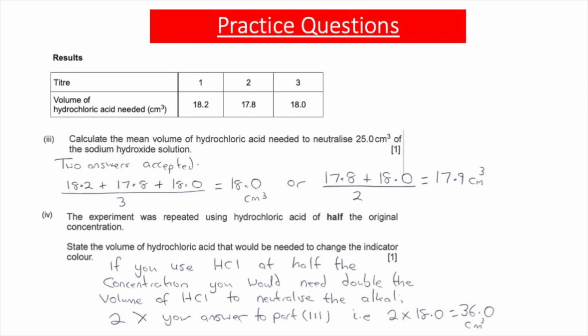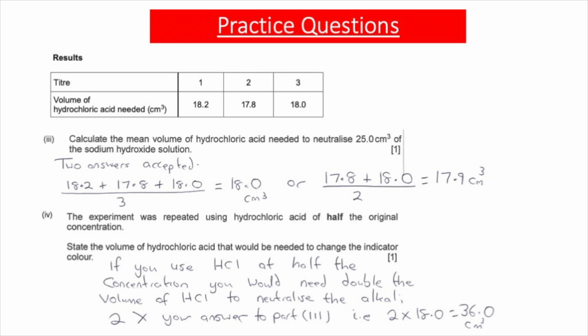Now in part 4, you're being asked the following. The experiment was repeated using hydrochloric acid of half the original concentration. And the question is asking you to state the volume of hydrochloric acid that would be needed to change the indicator colour. Now if your acid was half the original concentration, you would therefore need double the volume of this acid to neutralise the alkali.